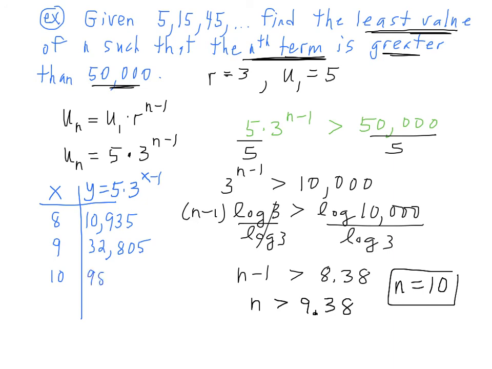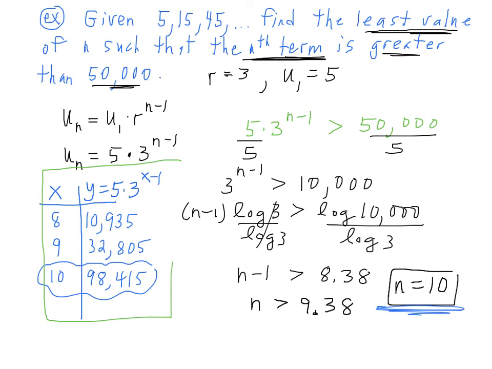However, if you go to the 10th term, you're looking at 98,415. So that confirms this right here. So you do not have to use logs. You can simply use your table. Your work would be exactly what I am boxing in here. So please make note that you used the table on your calculator.